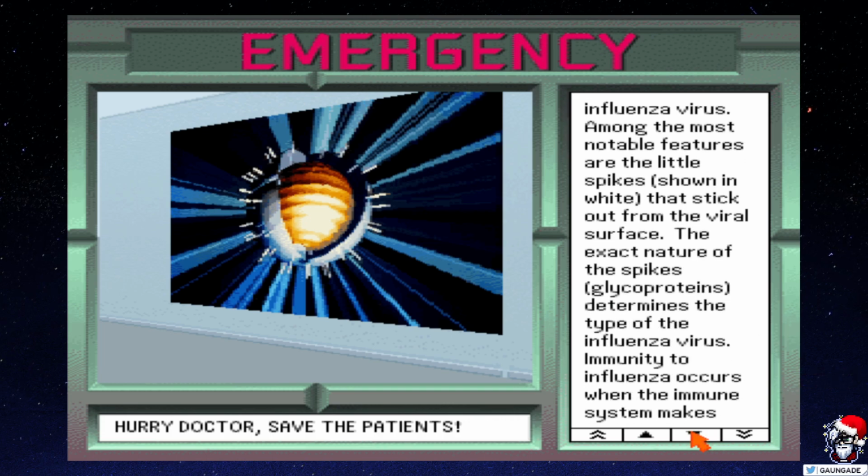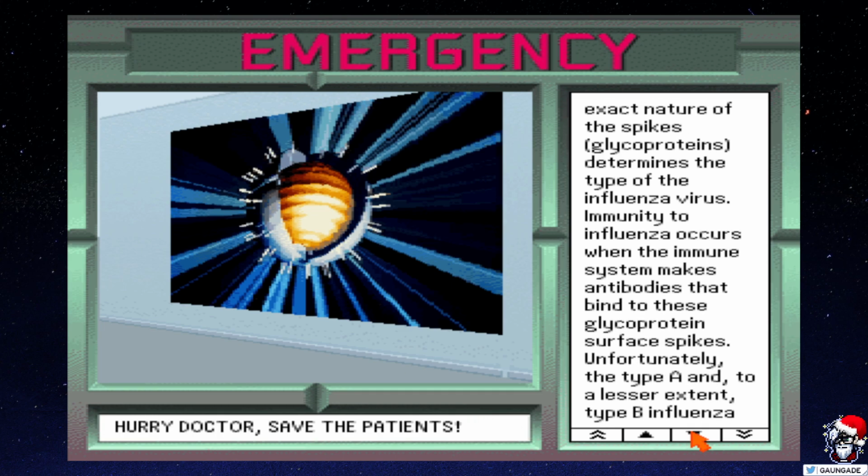The exact nature of the spikes, glycoproteins, determines the type of the influenza virus. Immunity to influenza occurs when the immune system makes antibodies that bind to these glycoprotein surface spikes. Unfortunately, the type A and to a lesser extent type B influenza viruses are unstable, with new versions appearing every year.